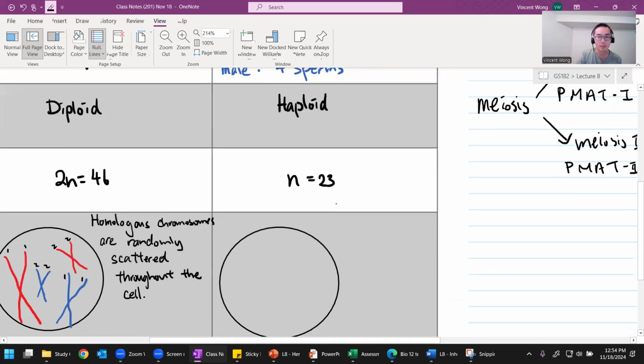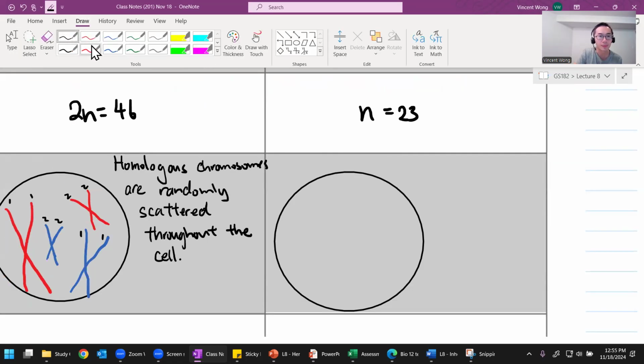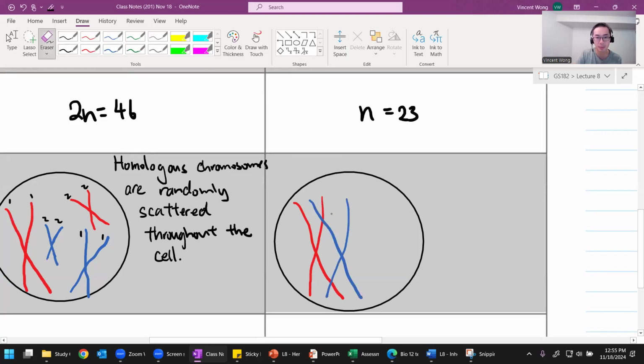Okay. So in prophase 1, this is what happens. Chromosome 1 from mom is going to find chromosome 1 from dad, and they're going to pair up. Similarly, chromosome 2 from mom will find chromosome 2 from dad and pair up. Okay?